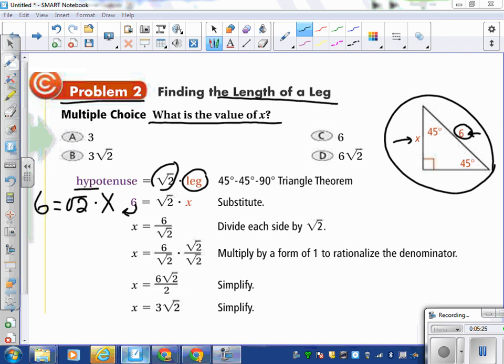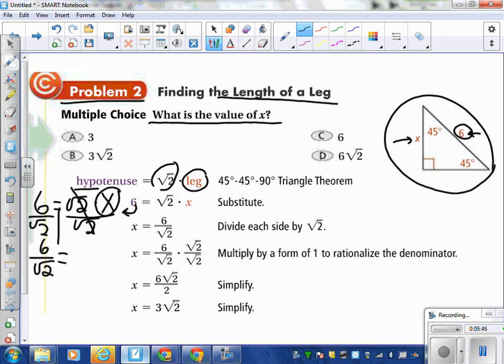I want to get the x by itself, so I'm going to circle my x, draw my wall, which means I have to divide both sides by the square root of 2. By doing that, that cancels out, and I'm left with 6 over the square root of 2 equals x, which brings me to that step there.